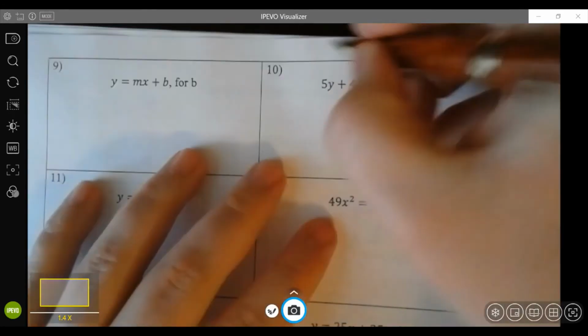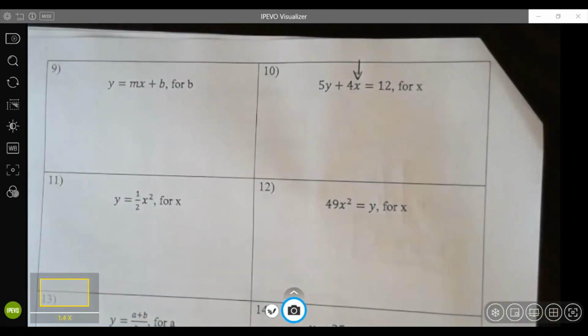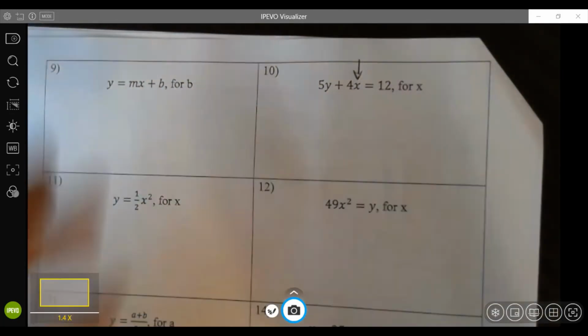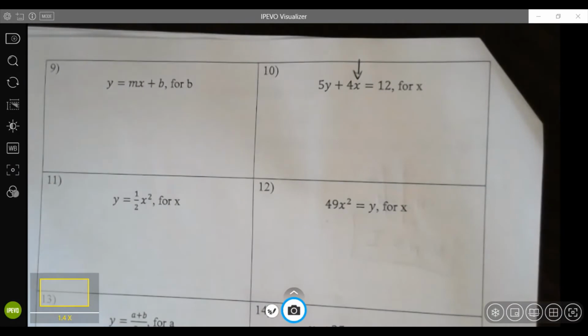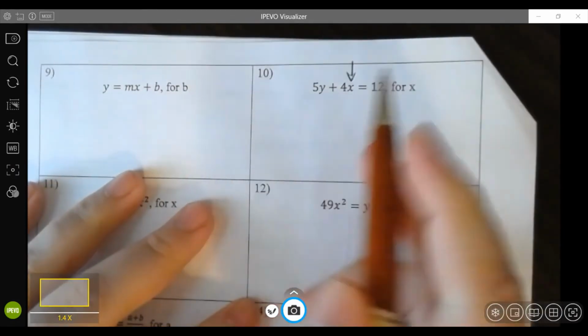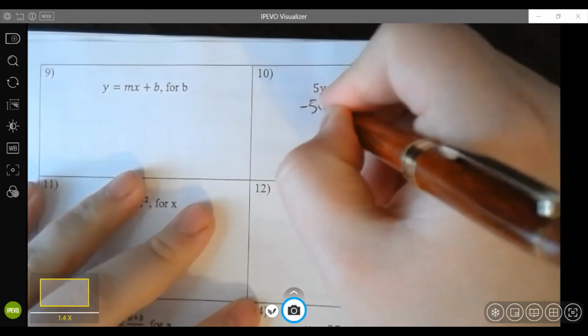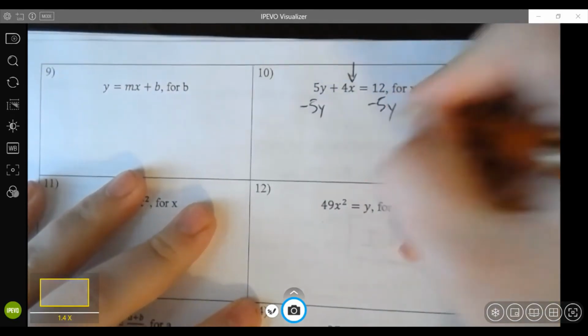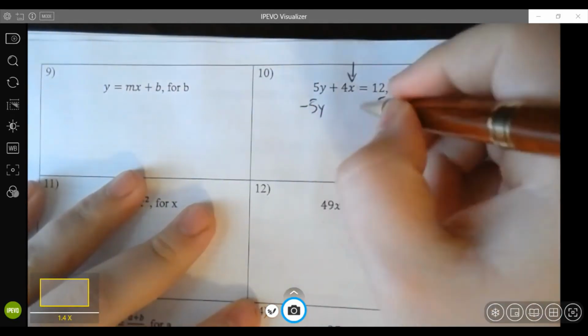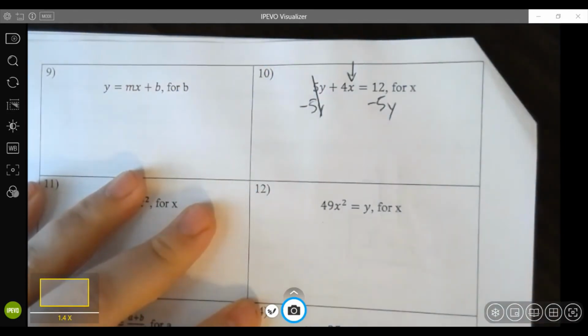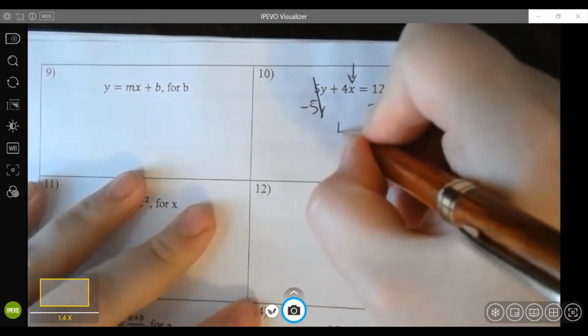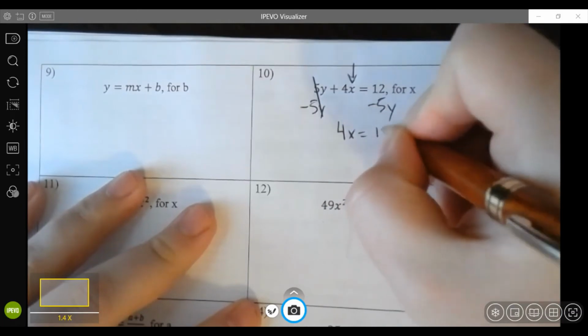So this is the variable that we're solving for. So if you remember, we're doing order of operations backwards. So here I have an addition. So I'm going to subtract 5y because it doesn't have an x. So those 5y's cancel out. And I get 4x equals 12 minus 5y.